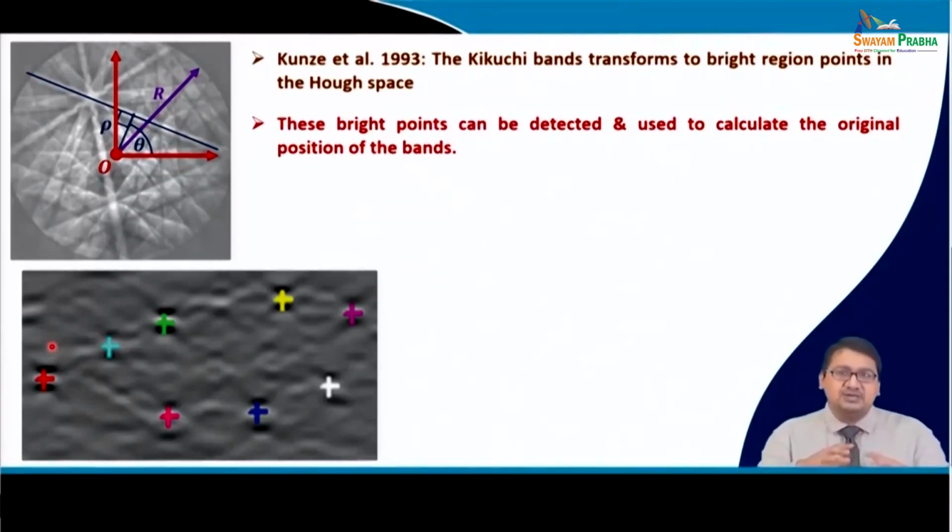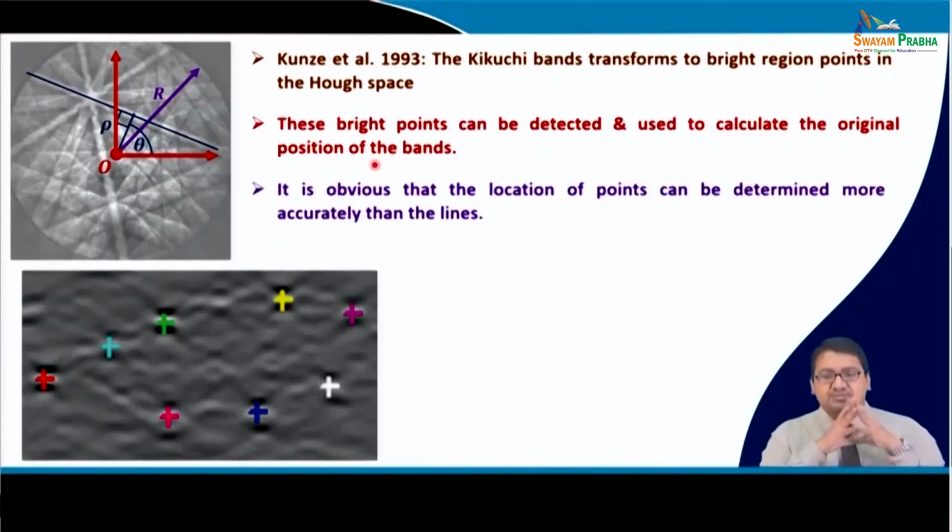Because usually the band sometimes could be sharp and it could be diffused, as I said, but once the bands are transformed into a point, it becomes very prominent, and back calculating the position of the band from these points makes the bands also very prominent, right. So, it can be used to calculate the original positions of the band.